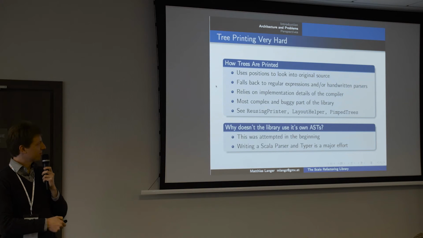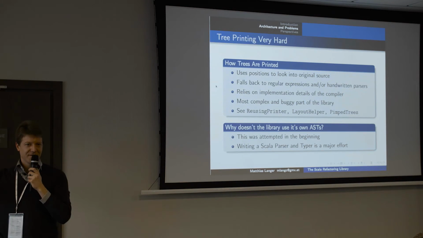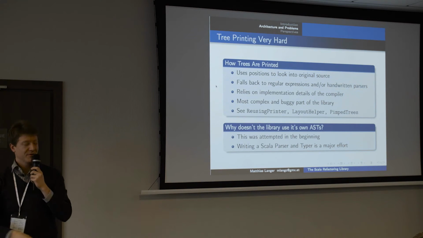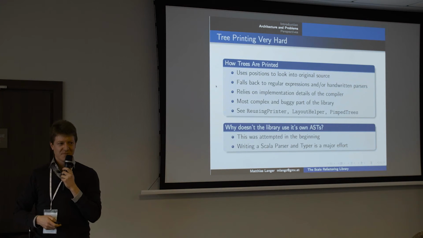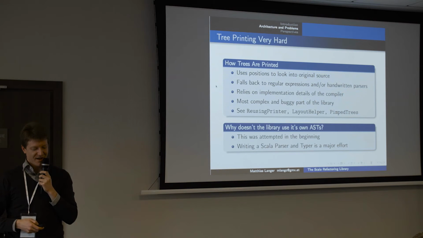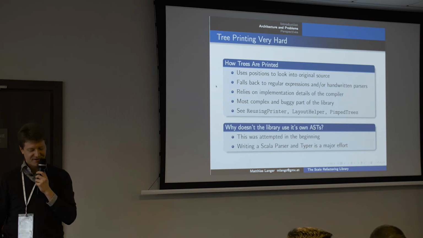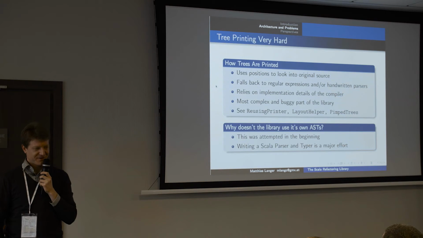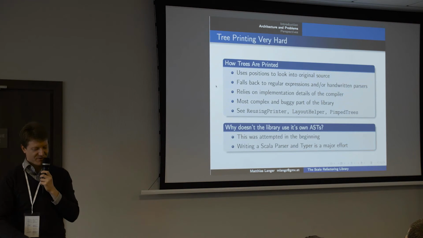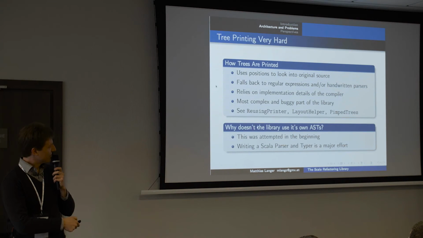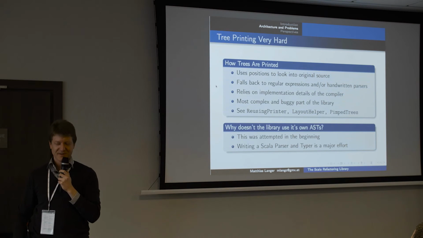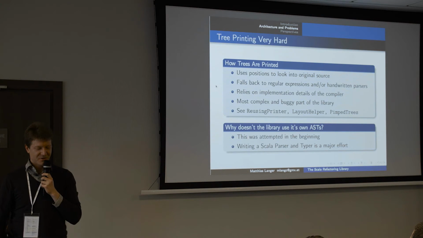This tree printing phase, the last phase in the architecture of the refactoring library, is the most complex and buggy part of the library. If you want to see what I'm talking about, you can just look at one of these classes: we're using printer, layout helper, and pimp trees, which are mostly concerned with tree printing.